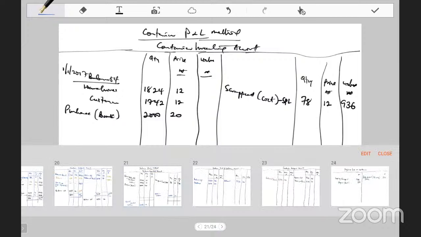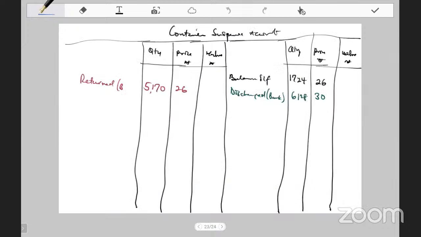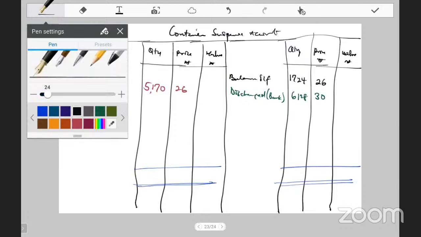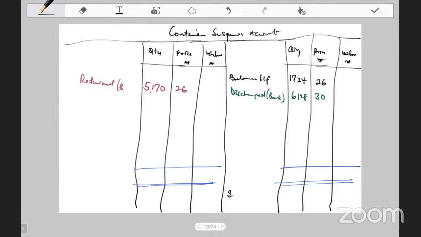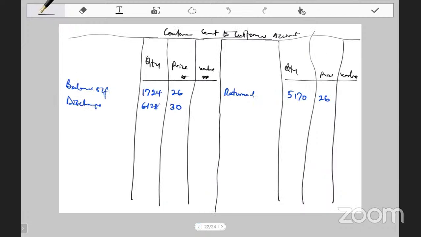We'll go to the container suspense account. We also have to make sure that we duly recorded it, so that we don't have poison. So we now have balance brought down, but this will be our returnable price, at 26. There's an account that mirrors everything that is happening in that account.